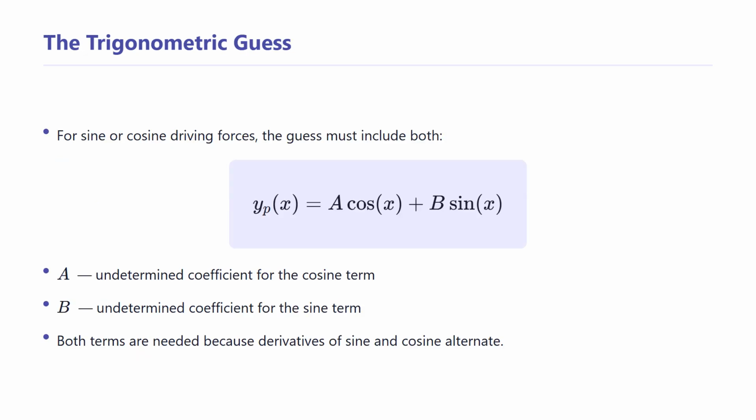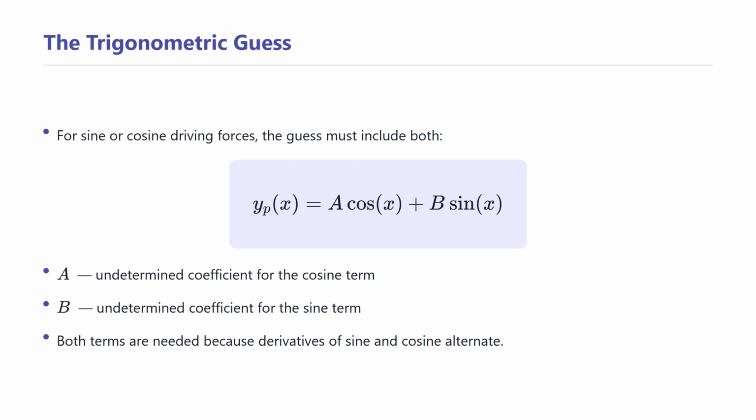Having successfully solved an exponential problem, we must now look at oscillating forces, which require a slightly different approach. When our driving force is a sine or cosine function, we must be very careful. The derivative of sine is cosine, and the derivative of cosine is negative sine.